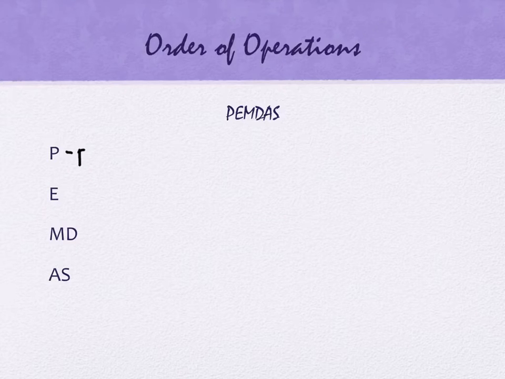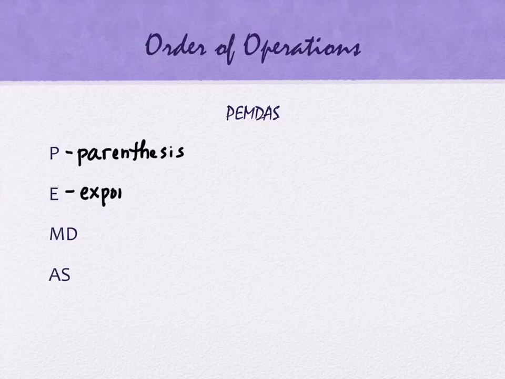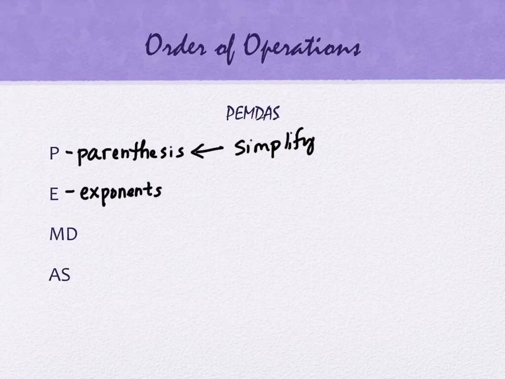So this P is for parentheses, of course. What was E for? Do you remember? Exponents. Oh yeah, and by the way, parentheses means simplifying inside of them. It doesn't mean getting rid of parentheses, it means simplifying inside. Sometimes you can do that, sometimes you can't.